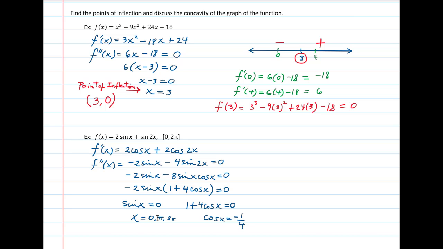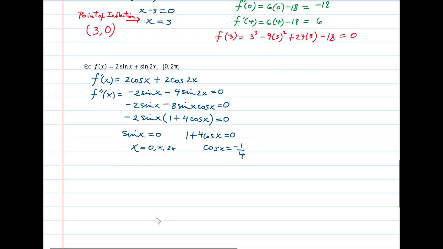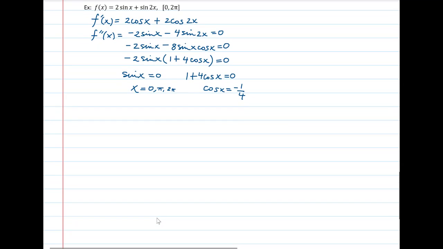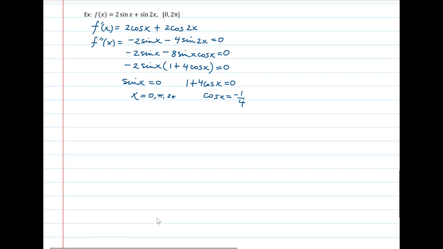And then for cosine of x equal to negative 1/4, we don't know this from the unit circle, so we're going to have to use our inverse cosine to figure out this answer. Solving for x, we get that x is equal to arc cosine of negative 1/4, and also x is equal to 2 pi minus arc cosine of negative 1/4.